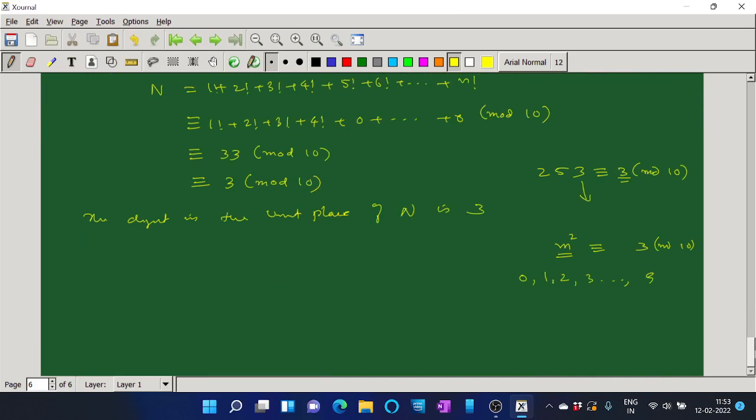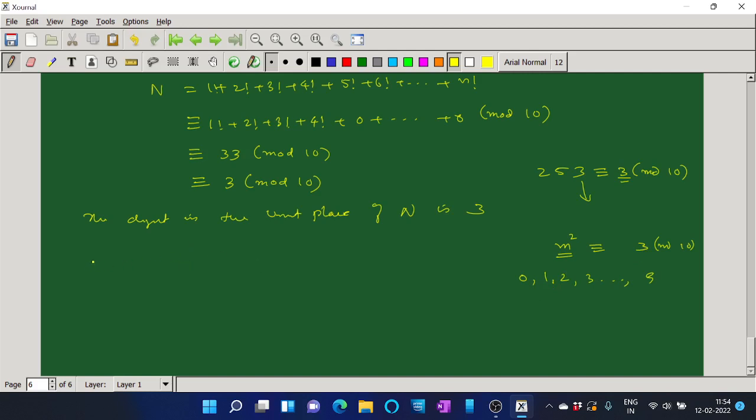So for this n to be a square, since the digit in the unit place is 3, what number if you take, whose square can be this n? For that, any number if you take should end in 0, 1, 2, 3 up to 9. Which of these digits in the unit place has a square that, when divided by 10, leaves the remainder 3?